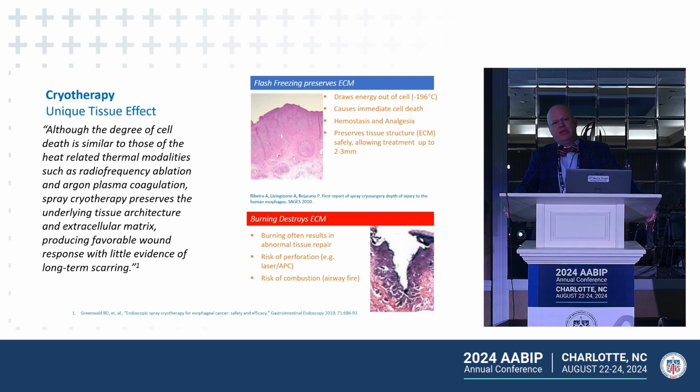We've all seen it, like that bottom picture you see there. Whenever you hit something with a laser or the cautery, it is really a big thermal injury. And then how the tissue repairs with that is a reparative healing process.